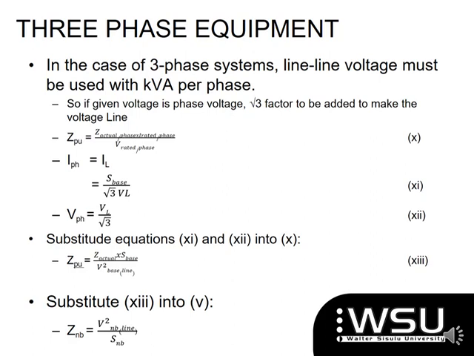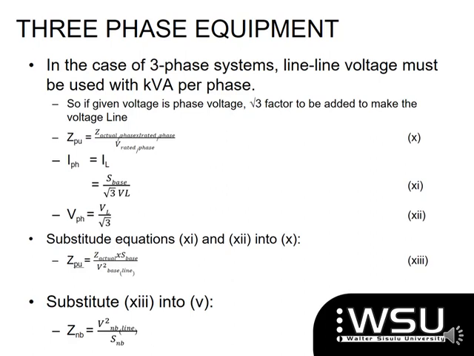And then my V phase is simply the VL over the square root of 3, which at the end of the day gives me what I showed you in that previous slide at the bottom of it, where Z per unit becomes Z actual multiplied by S base, divided by V base squared, and that is your line voltage.